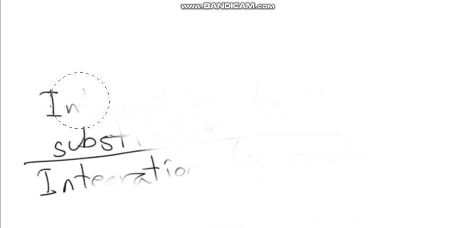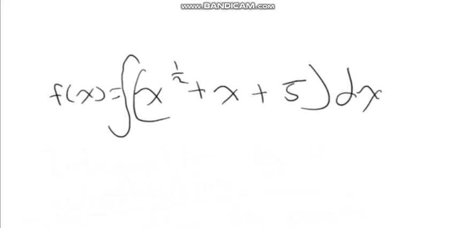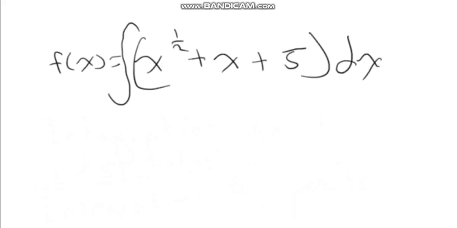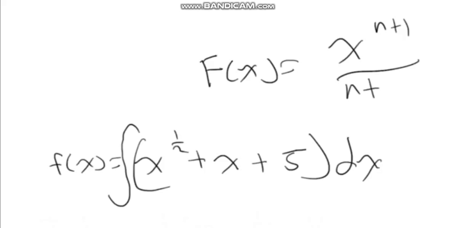So say we have this particular function f of x equals x to the power of 1/2 plus x plus 5, and we are going to integrate this function with respect to x. Note that the equation is stated to be f of x is equal to x to the power of n plus 1 over n plus 1, provided that n is an integer.